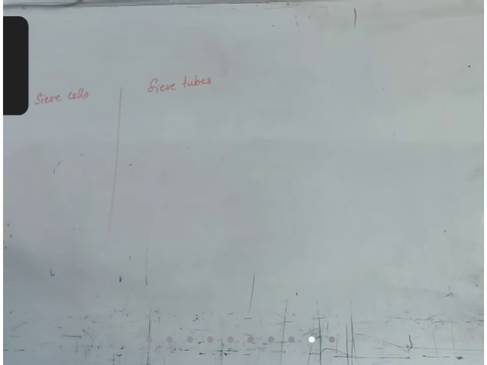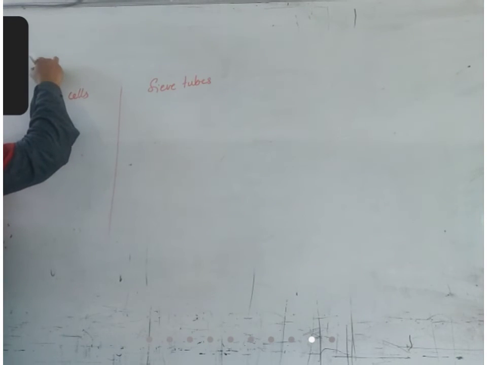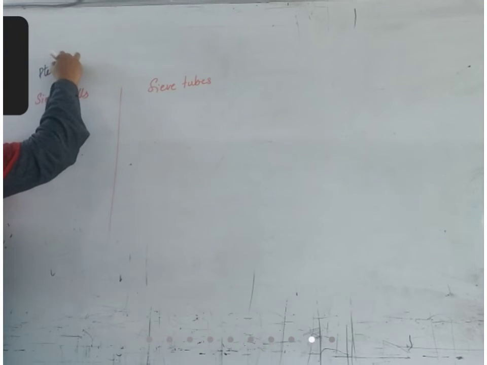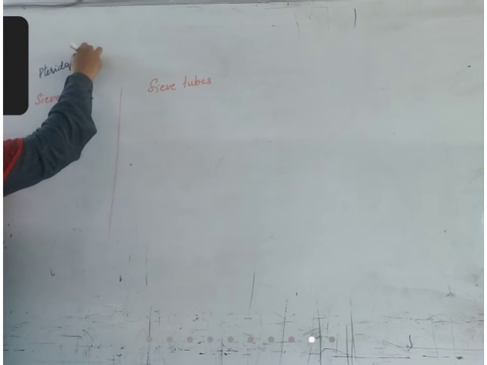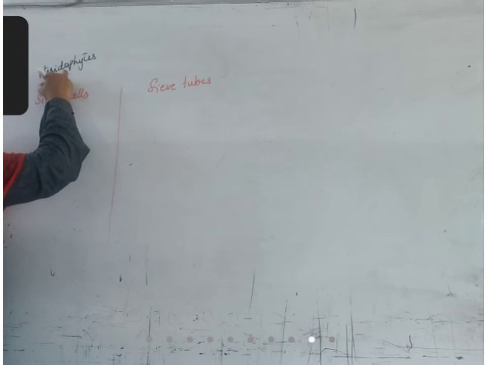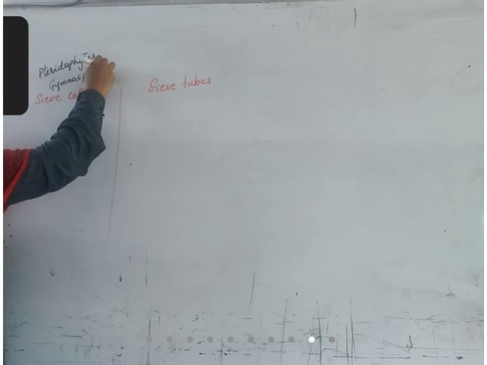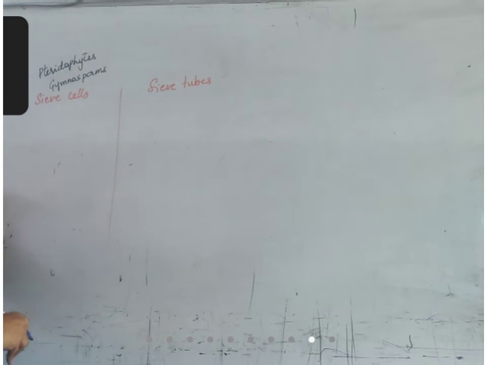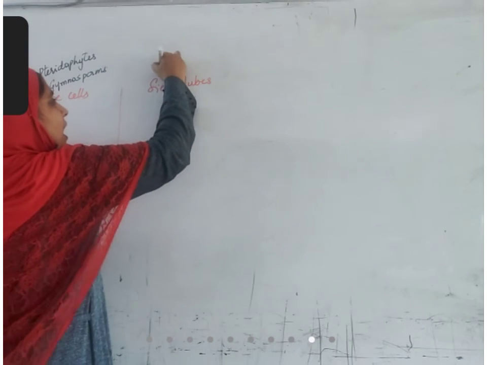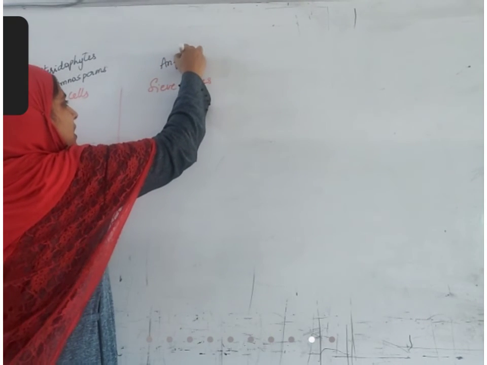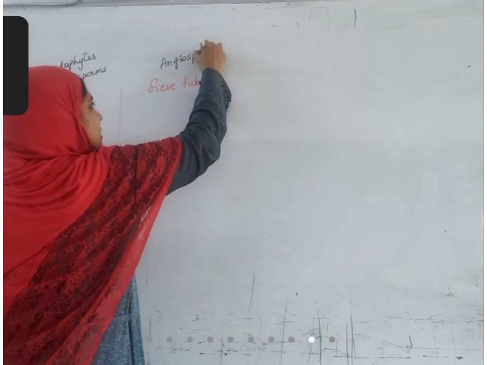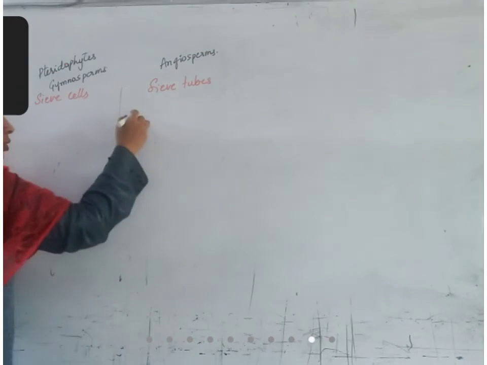As discussed in tracheids and vessels, sieve cells are present in pteridophytes, non-flowering vascular plants, and gymnosperms. Gymnosperms are flowering but have naked seeds. Sieve tubes are present in angiosperms. This is a developed model, advanced model.